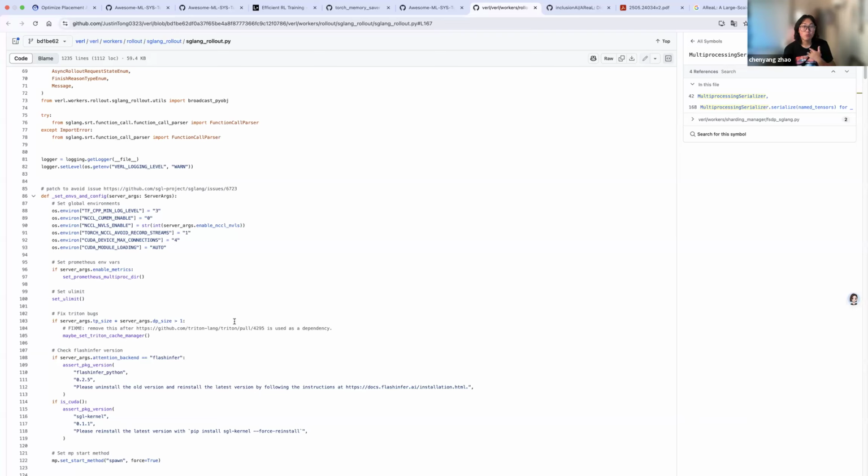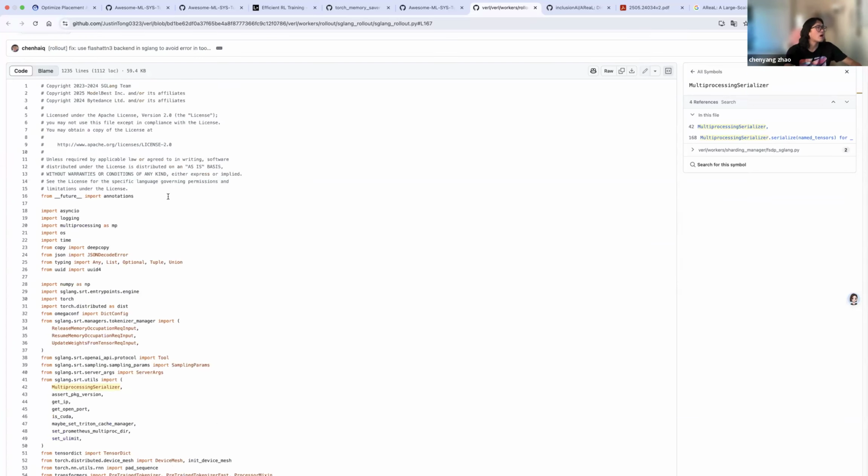So right now we are proposing a new paradigm called asynchronous rollout. We regard each request from a large batch of requests separately, and then we maintain the state machine for that request and let it call tools and do loop generation or whatever. All the implementation is in the SGLang rollout.